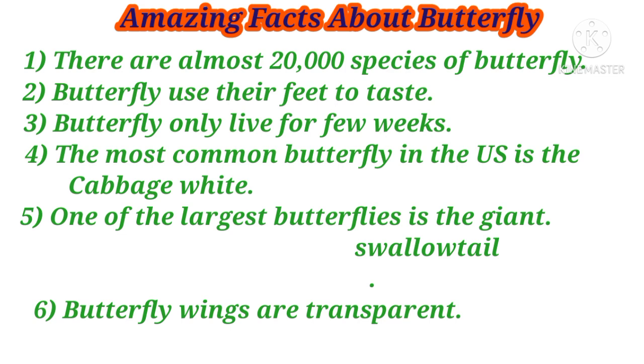They are transparent and these scales reflect the light, and due to this their wings look colorful. Okay dear students, the wings of a butterfly are transparent and on the wings there are scales which reflect different colors, and due to this the wings of the butterfly look colorful.